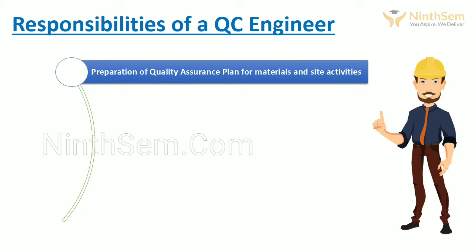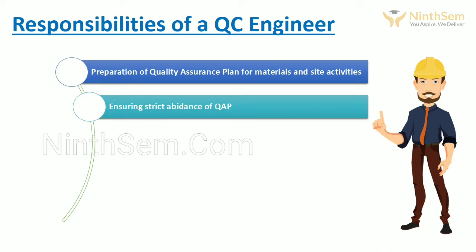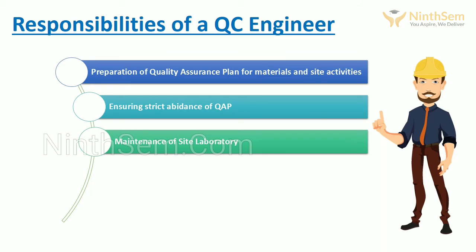The second responsibility of a quality control engineer is ensuring strict abidance of this quality assurance plan. A QC engineer is accountable for the quality of basic materials and the workmanship of certain activities on site. Therefore, it is his duty to ensure that QAP is strictly being followed. The materials shall be accepted for use on the work only after the testing of the material as per this QAP.